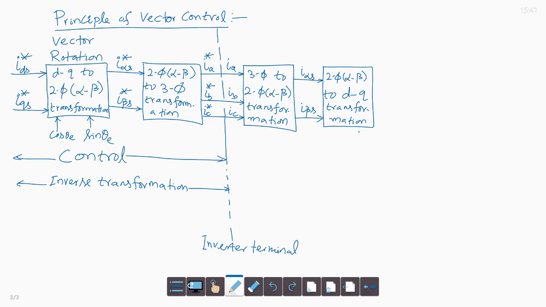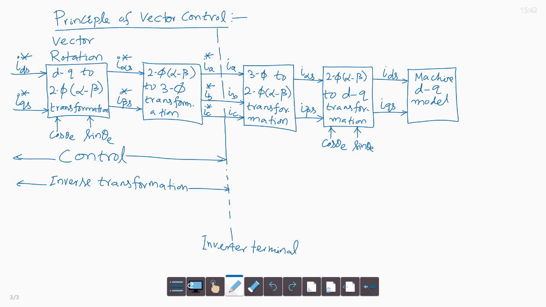For that, it takes the unit vector cos theta e and sin theta e, and it feeds the machine dq model. It feeds the currents IDS and IQS.